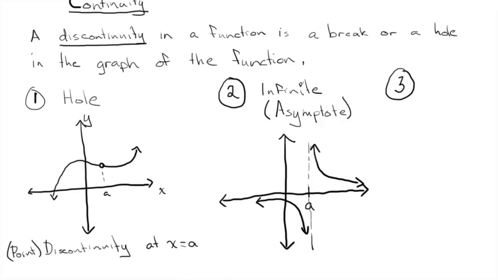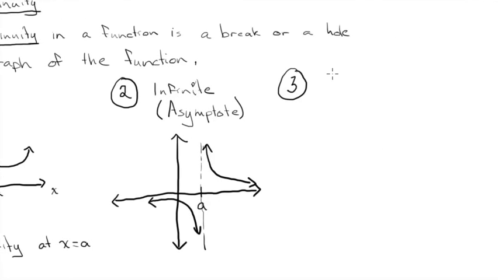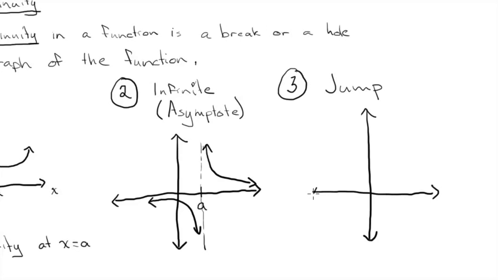And the third one is what we'll call a jump discontinuity. So again we'll make x equals a our point of discontinuity. You've got a function going along, and then at a, we stop, and then we jump down here, and then we start going along again, just on a different part of the curve.